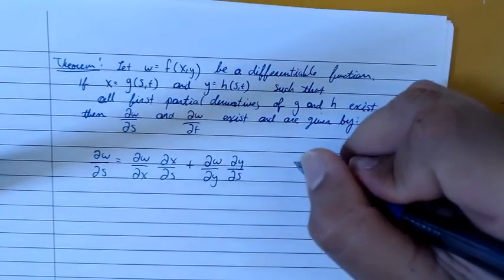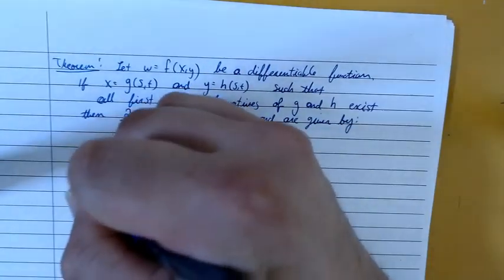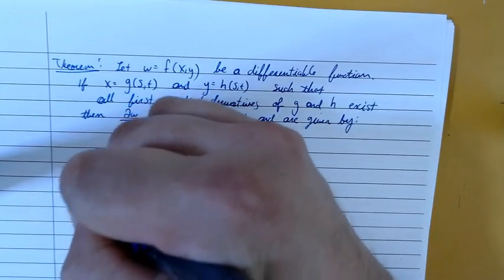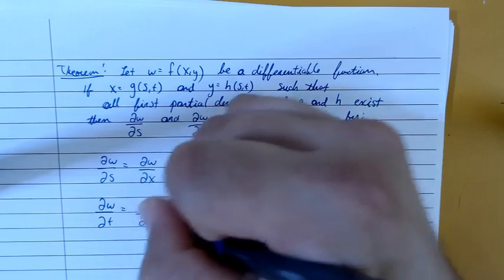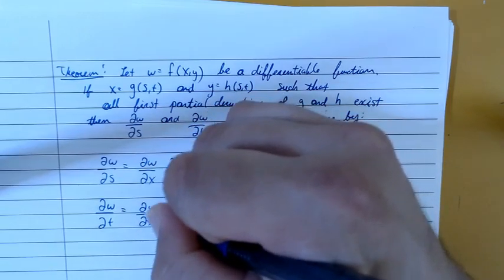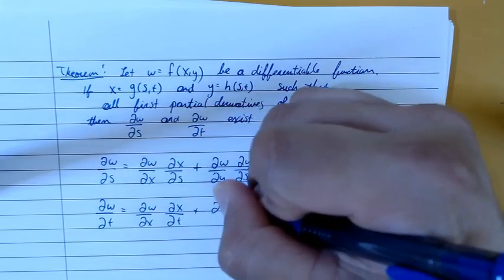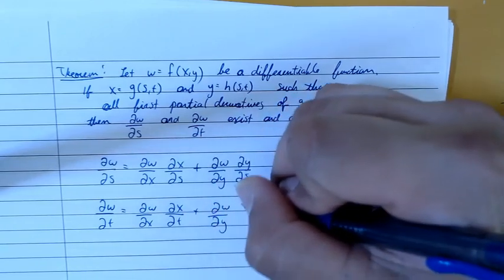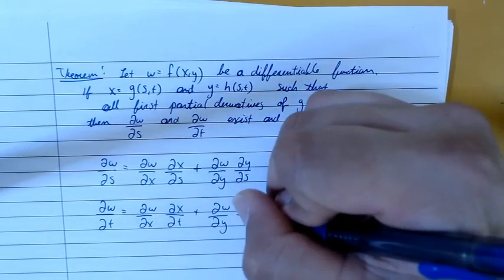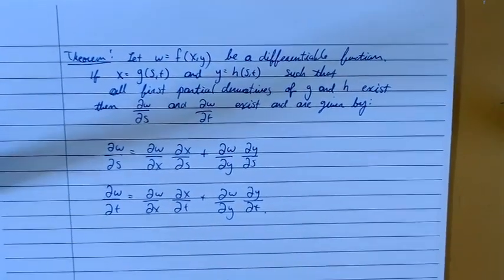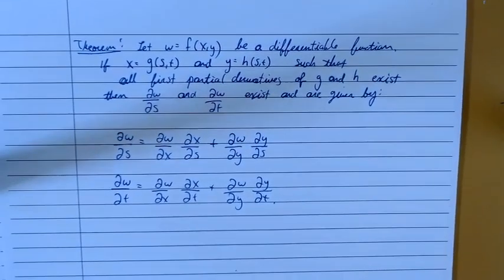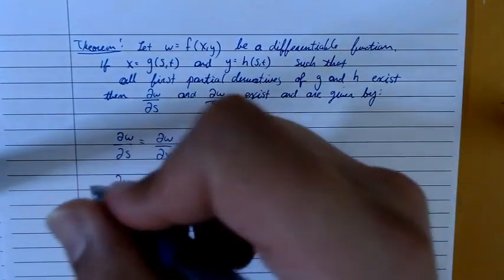And del w del t is equal to del w del x del x del t plus del w del y times del y del t. All right. The proof of this is probably the shortest one of the chapter.